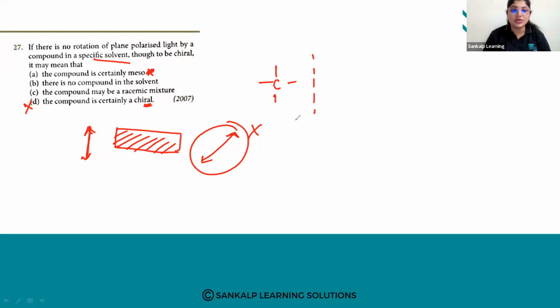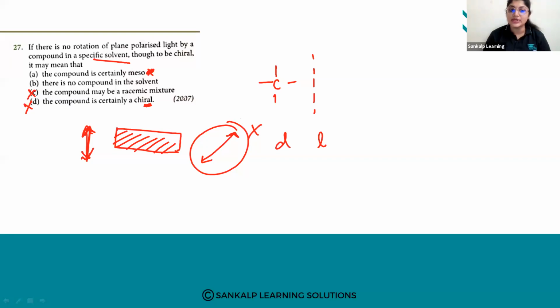Racemic mixture means they will have D and L forms. Then the plane of polarized light will be rotated either to the right-hand side or the left-hand side. So this is also wrong, because they are saying that there is no rotation of plane polarized light.